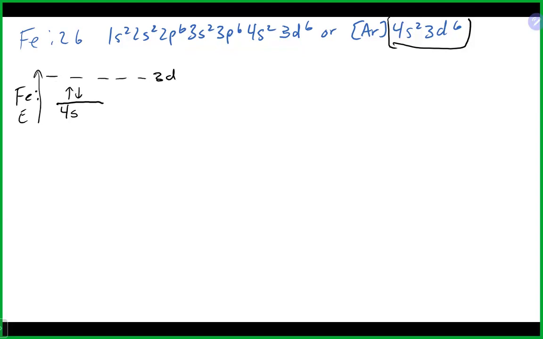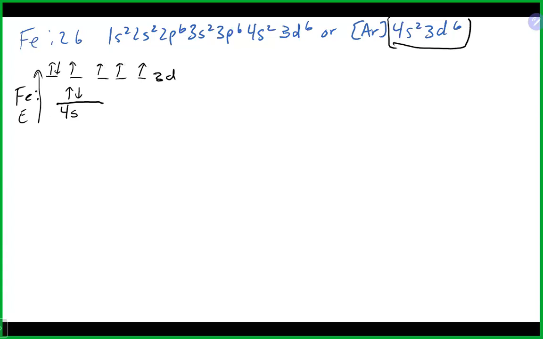It will then start to fill the 3d because it's higher in energy at this point, and it's going to put its 6 electrons in properly, all going in the upwards direction and one coming back down in the downwards direction there.